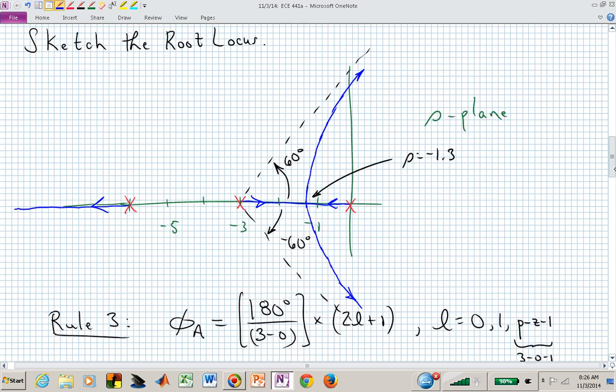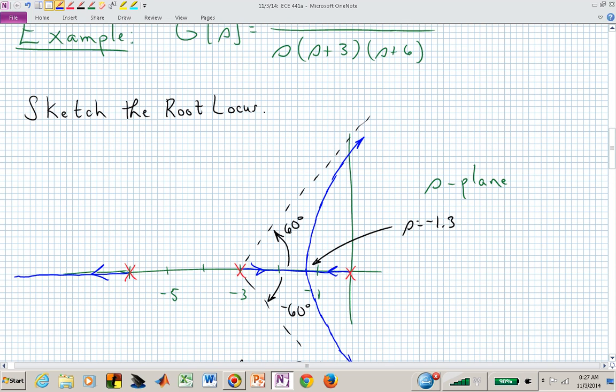Now somebody says, well, where precisely does that branch, the upper branch, cross the imaginary axis? That's rule number 5. We know that it's somewhere between the origin, and we could do our trig to find where that asymptote crosses the imaginary axis. That's a 60-degree angle, and we know that one side is 3 units long.